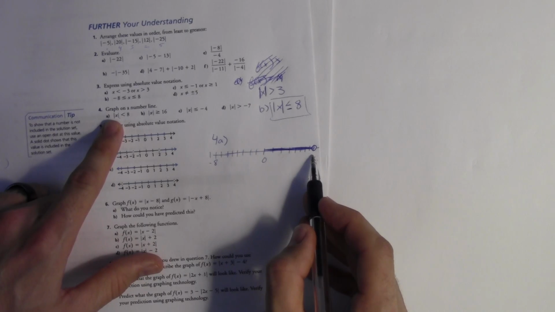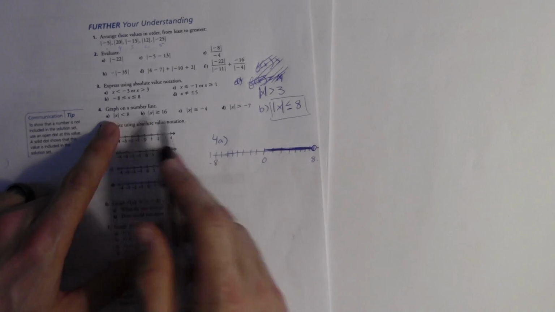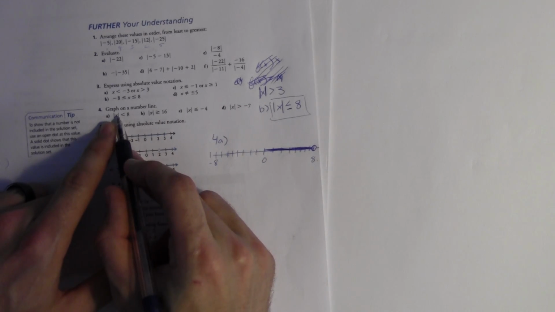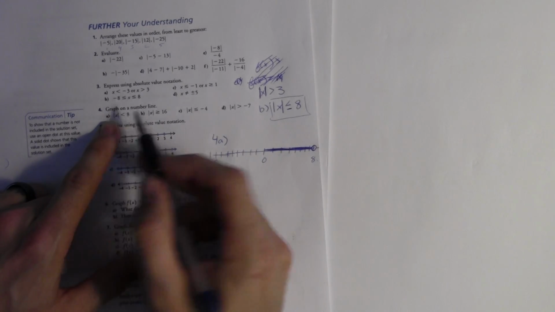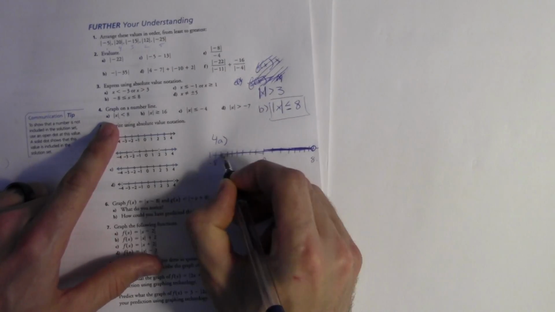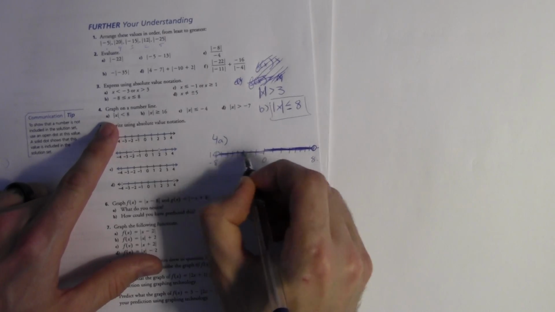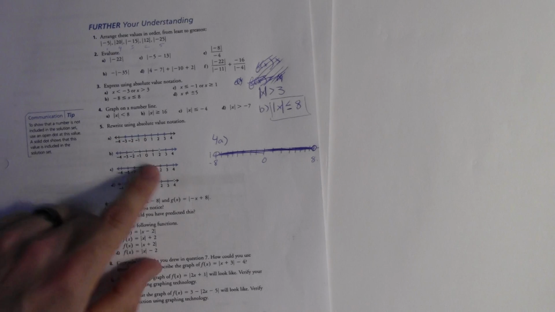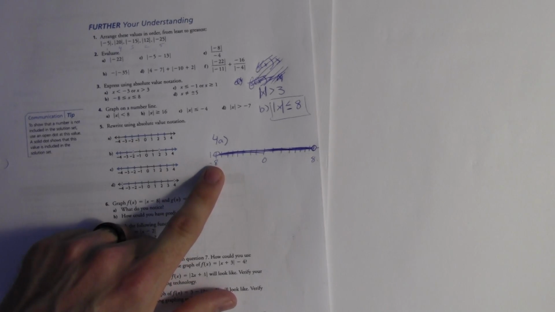Does that make sense? But now, as I get to negative numbers, if I choose -1, this is still true, because it's going to be the absolute value of -1, which is 1, which is less than 8. So I can choose negative numbers all the way up to -8. Do you guys understand that? But it says less than 8.